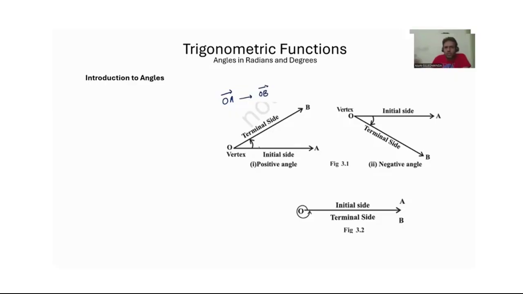So what is happening here? A rotation is happening. This rotation we can denote as an angle, that we can say theta. Basically, an angle is the measurement of the rotation of any ray from the initial position to the terminal position or the end position.